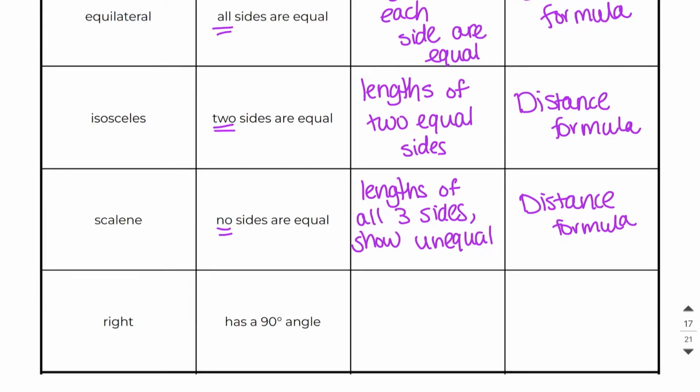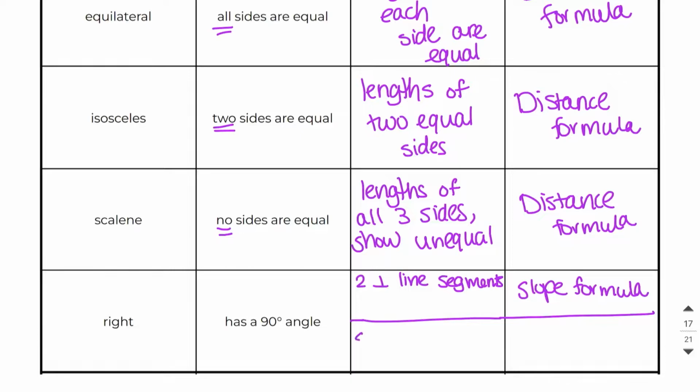And to show that something is a right triangle, there's two different ways. One way is to show that you have two perpendicular line segments, and the way that you would do that is by using the slope formula.